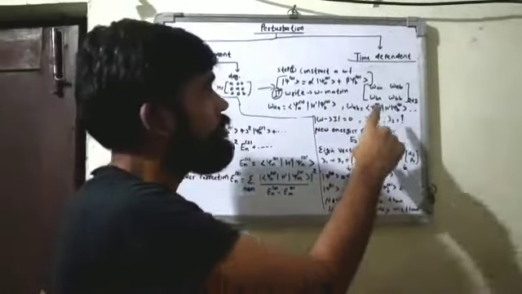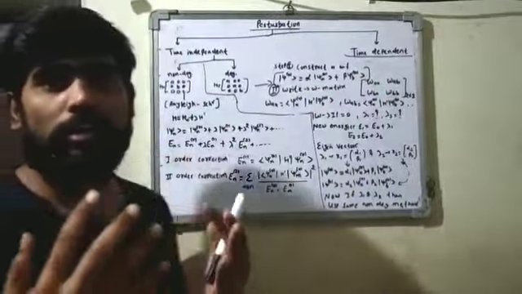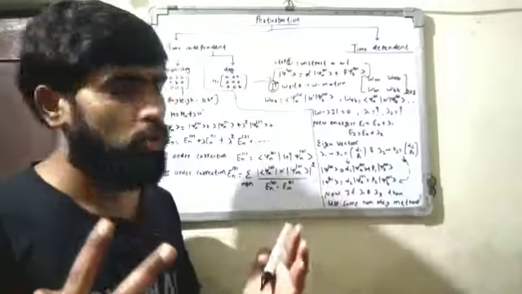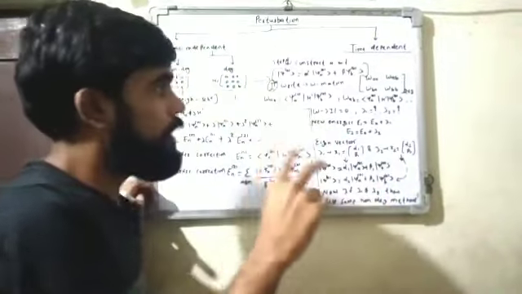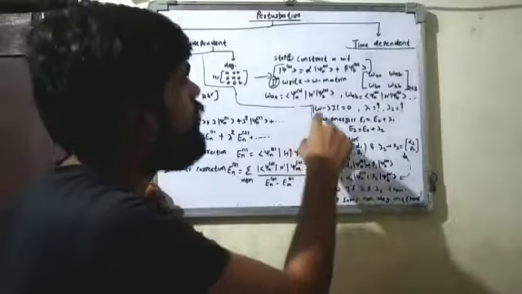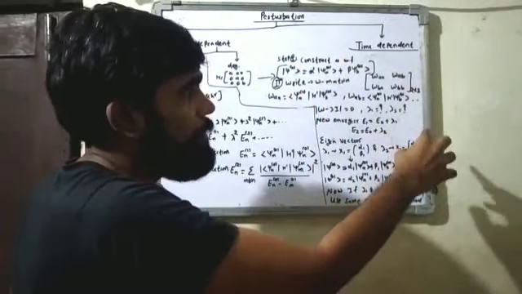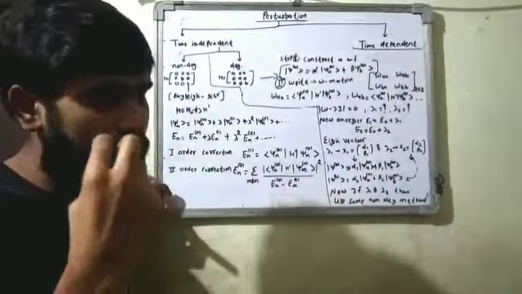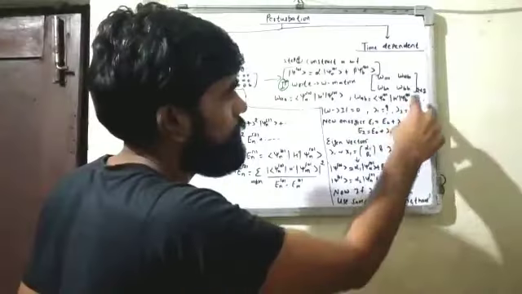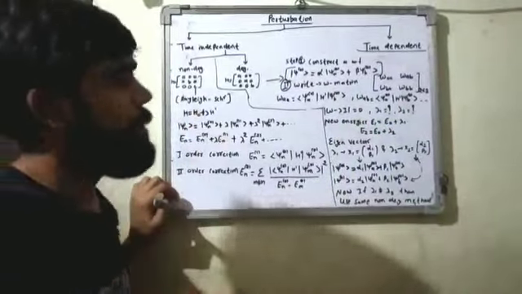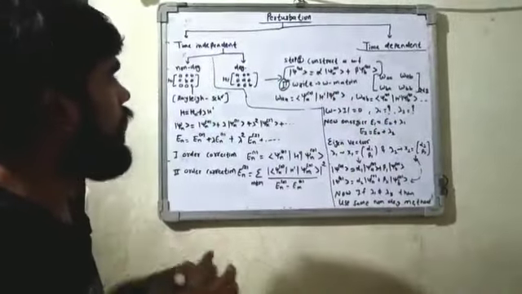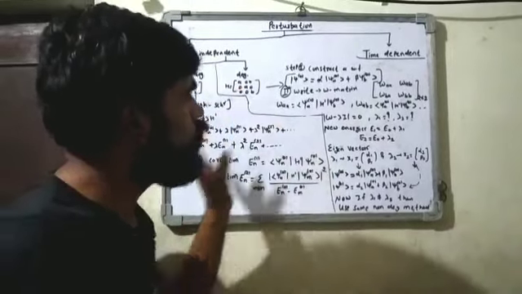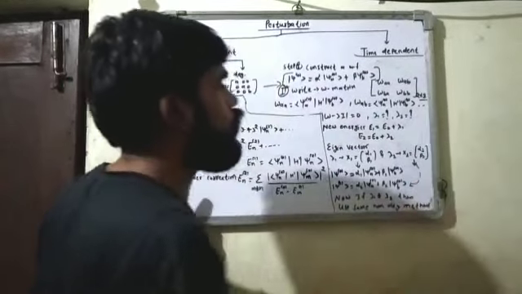Here you can see the W matrix. If our degeneracy is 2, that is A and A, then the W matrix will be of order 2 cross 2. If degeneracy is 3, the matrix will be 3 cross 3 order. Okay, now here the degeneracy is 2, so we make a 2 cross 2 matrix.